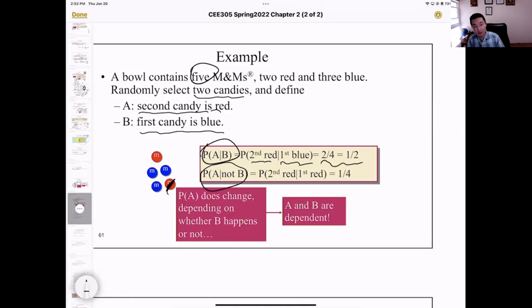So before we do the second pick, we have 3 blue and 1 red. So the chance that the second pick is red will be 1/4. So P(A) does change depending on B. So A and B in this case are dependent. Okay, so that's the idea of dependent events.